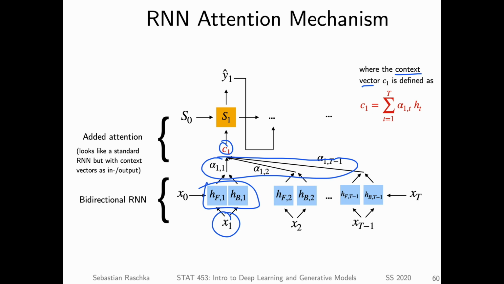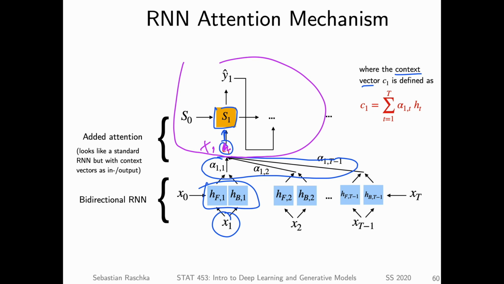And the context vector is then provided to a more regular RNN, where S is the hidden state of the RNN, which now gets the context vector. In a regular RNN, we wouldn't have the context vector, but X, X1 for example, instead of the context vector.